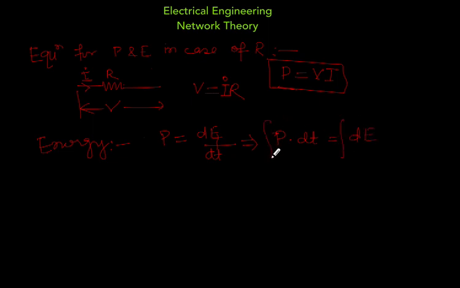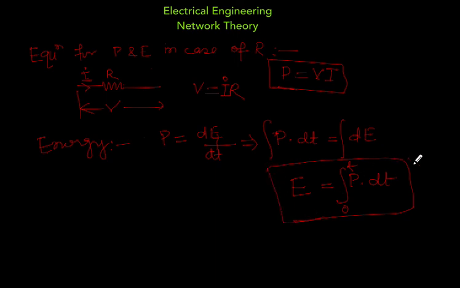Integrating both sides, we get E equal to integral of P dt from time t equal to 0 to time t equal to t. This relation is also one of the most important relations which will be directly utilized while solving the problems.